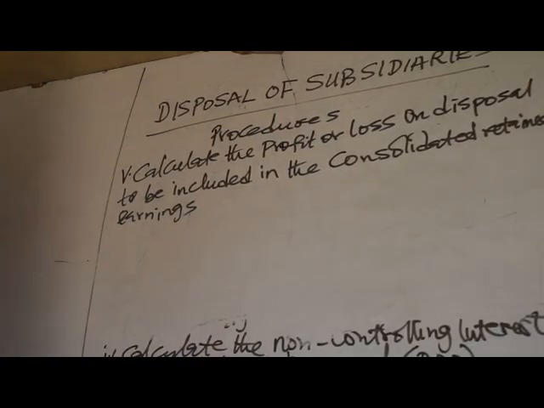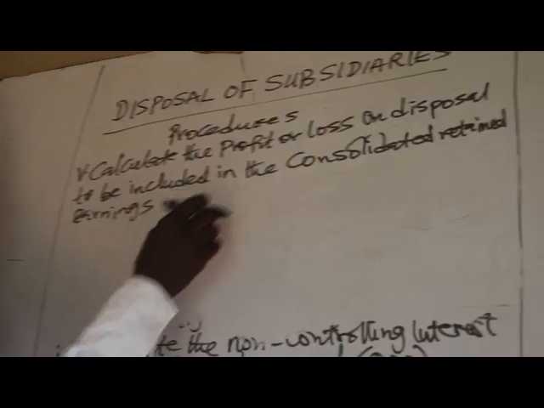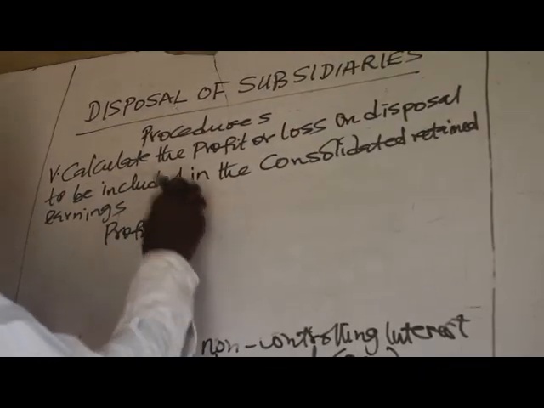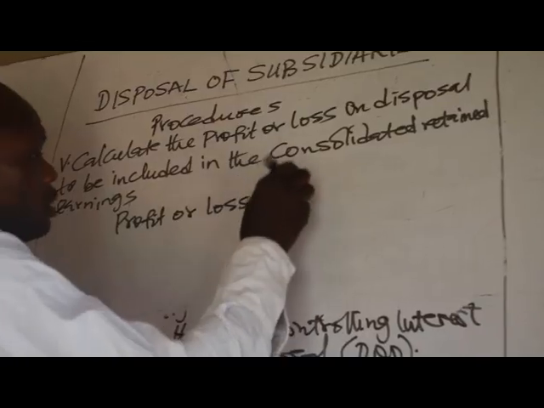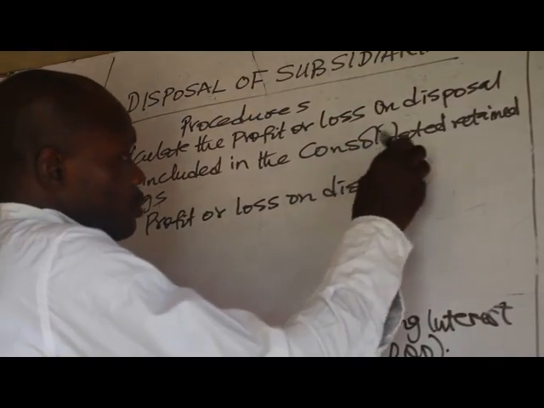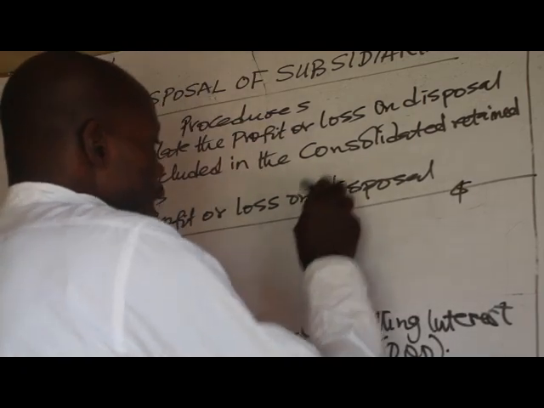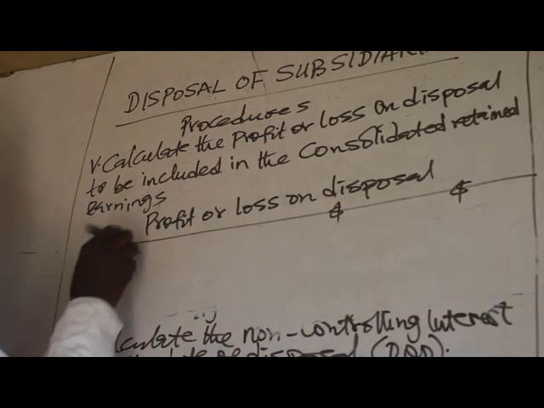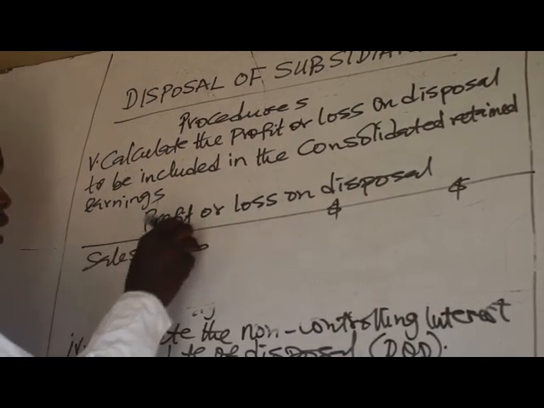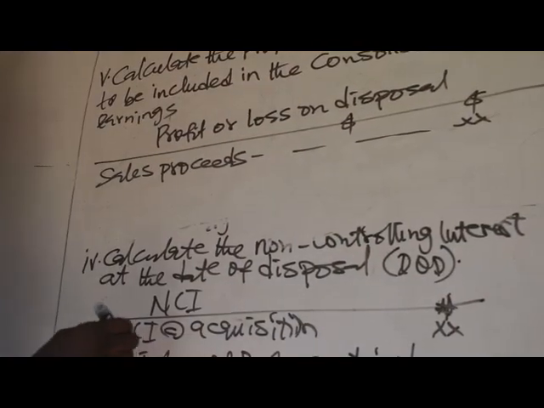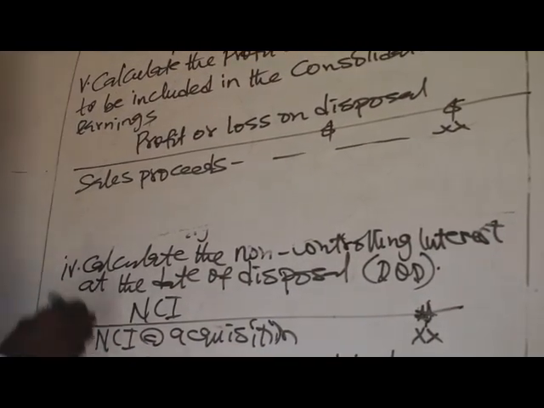Before step number 6, how do you calculate the profit or loss on disposal? So you have the sales proceeds, the amount realized from the sales of the parent company shareholding in the subsidiary company.